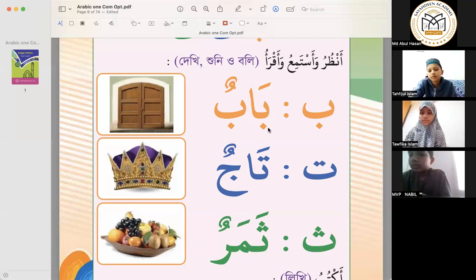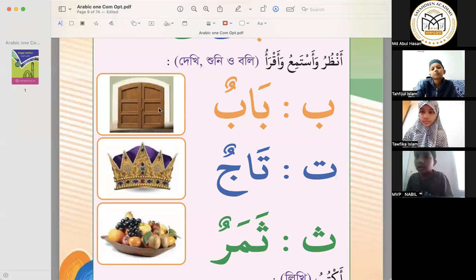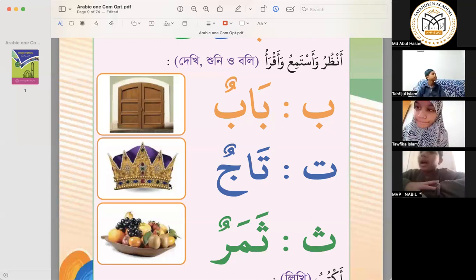Very good. Now Tahfiz ask and Nabil answer. Taufika. ما هذا. What's this? هذا باب. It's a door. This is a door, Nabil. ما هذا. What's this? هذا تاج.